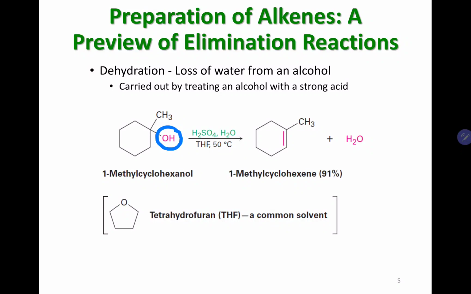So you're going to need an alcohol, and you are going to treat alcohols with a strong acid. And of course, the go-to acid in these reactions is sulfuric acid. If you treat an alcohol with a strong acid, you are going to get your alkene. So similarly, guys, in here you are removing the OH with a neighboring hydrogen.